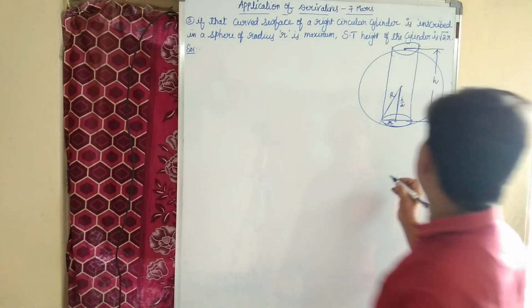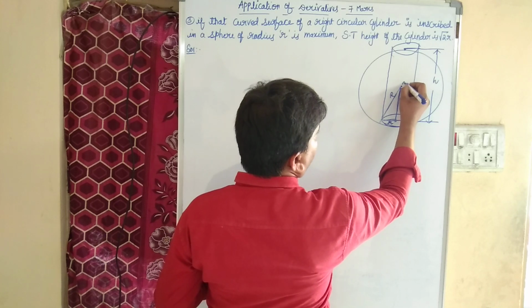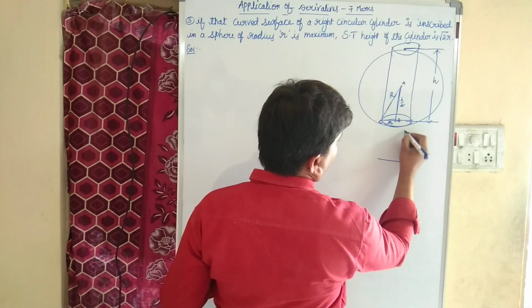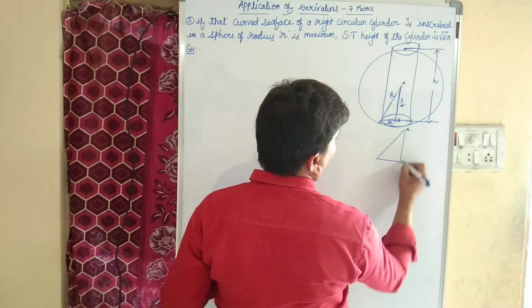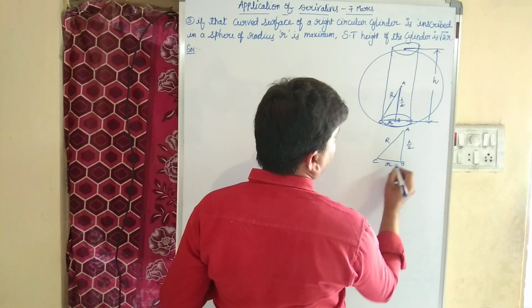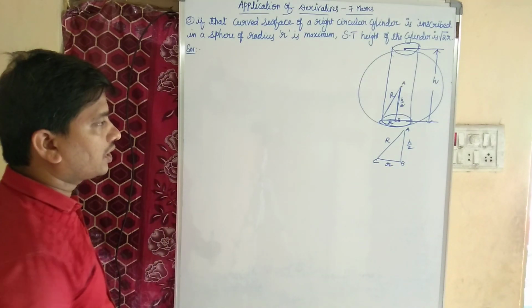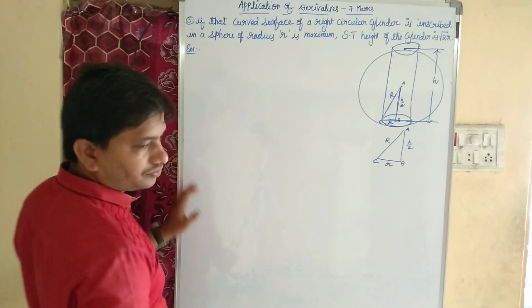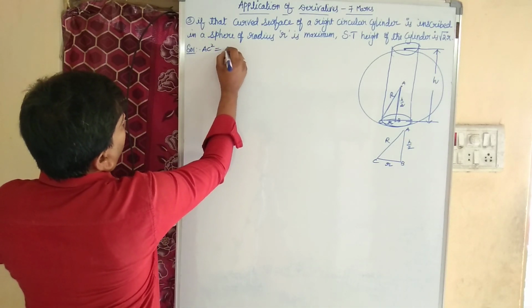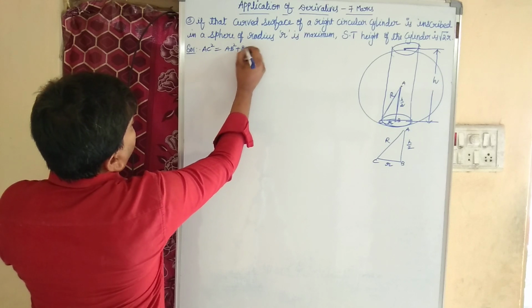Okay. So children, if you see, this is our right angle triangle A, B, C. This is our h by 2, this is our capital R, and this is our small r. By using the Pythagoras theorem, AC square equal to AB square plus BC square.